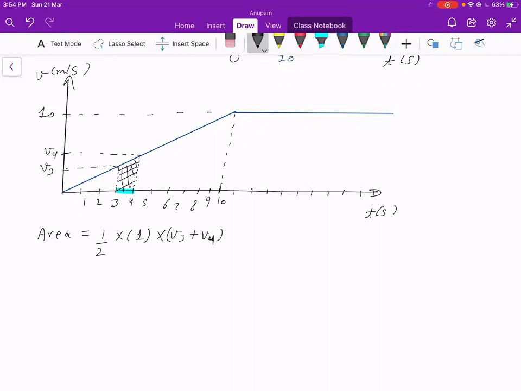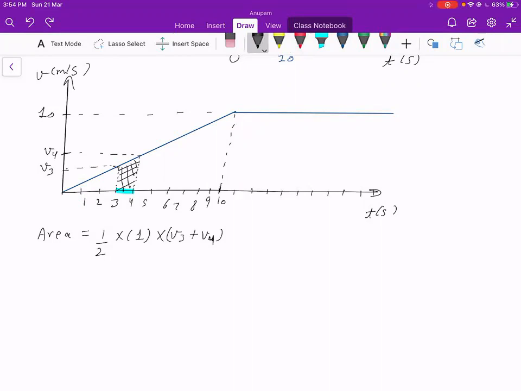Third second. Okay, let's look at it again. First second, second second, third second, and then you have fourth second. So 3 to 4 will be the fourth second, right? I hope that part is clear.